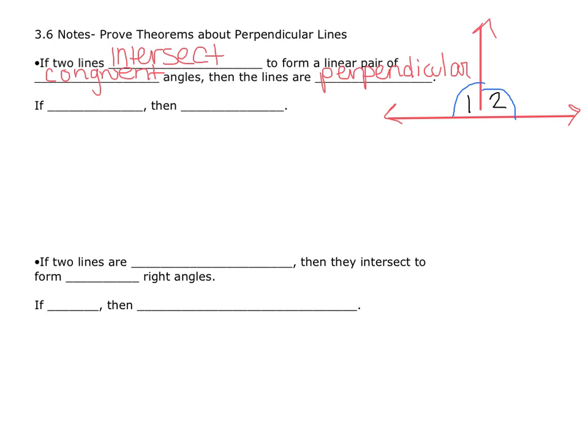So basically, we have two lines that intersect. We'll call this line A and line B. They intersect to form a linear pair, and the two angles are congruent.